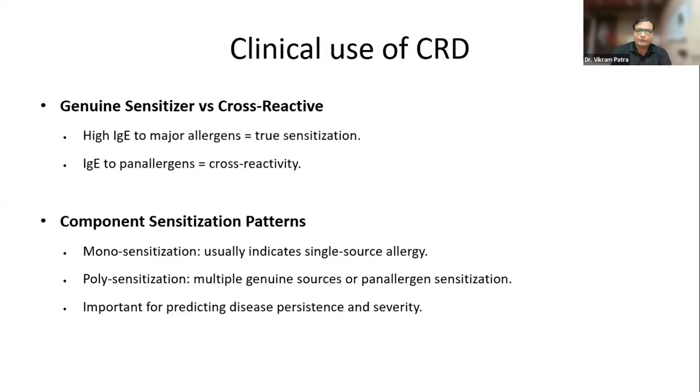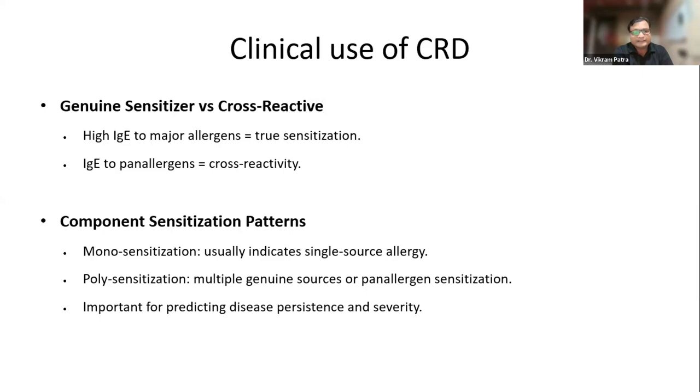Coming to the clinical use of CRD, it differentiates between genuine sensitizers and cross-reactivity. High Ig to major allergens tells us about true sensitization. And if pan-allergens like profilin, PR-10, and nsLTP are there, then it suggests more of cross-reactivity.